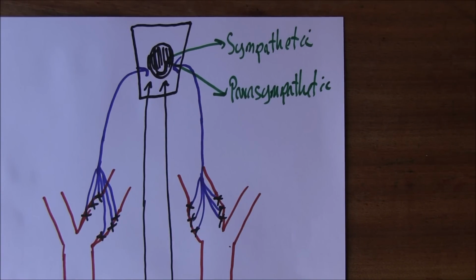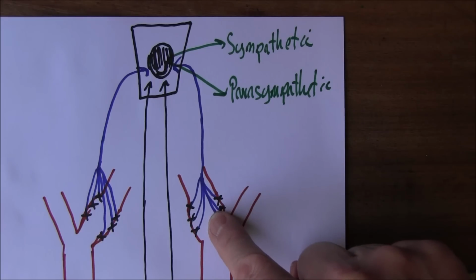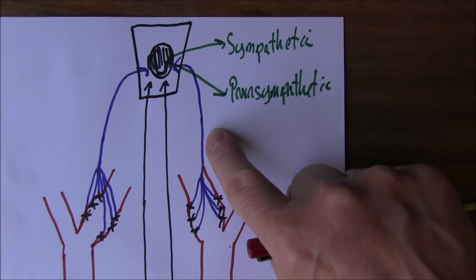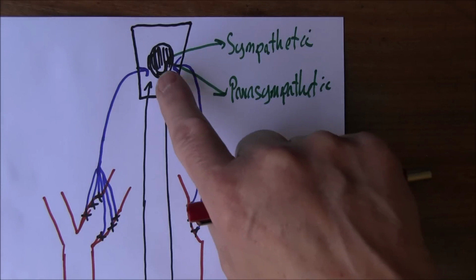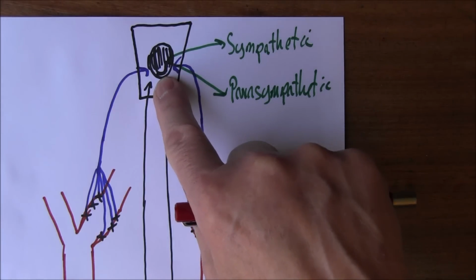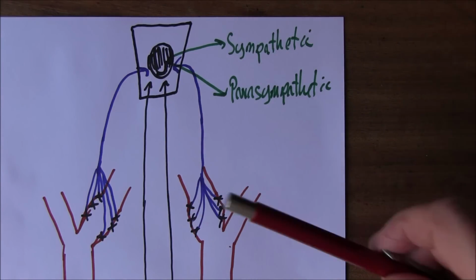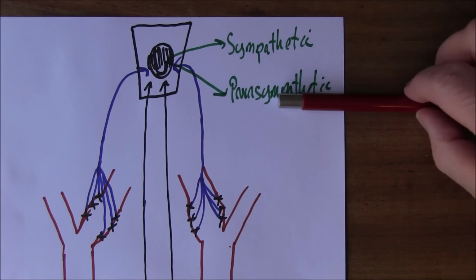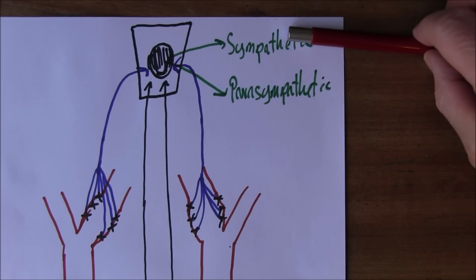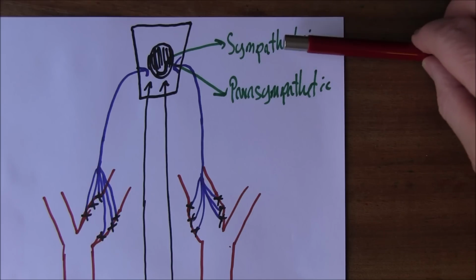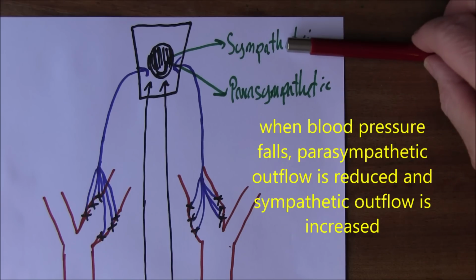So if blood pressure falls, there's going to be reduced stretching and a reduced rate of baroreceptor firing. The cardiovascular center therefore knows that blood pressure has been reduced, and it will respond by reducing parasympathetic activity via the vagus nerve, and increasing sympathetic activity via the cardiac accelerator nerves.